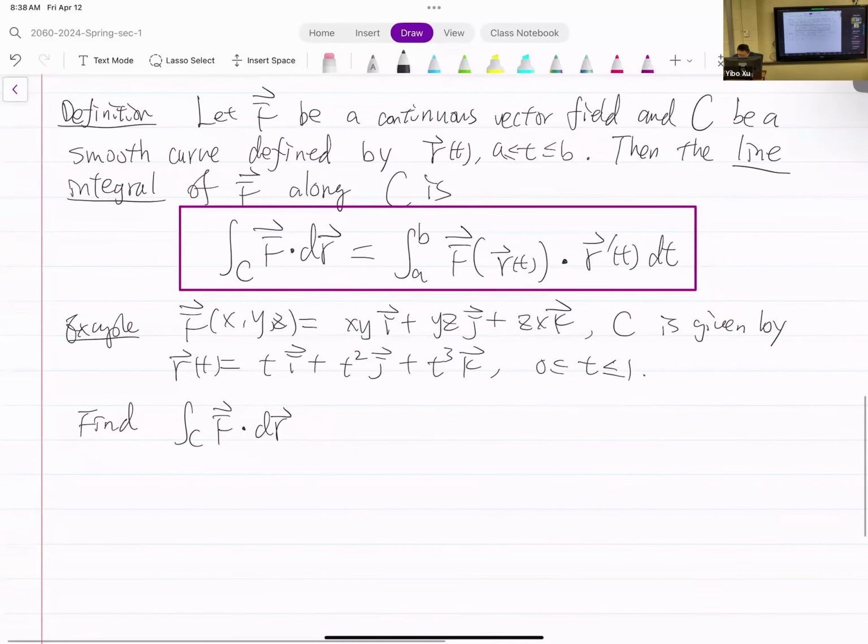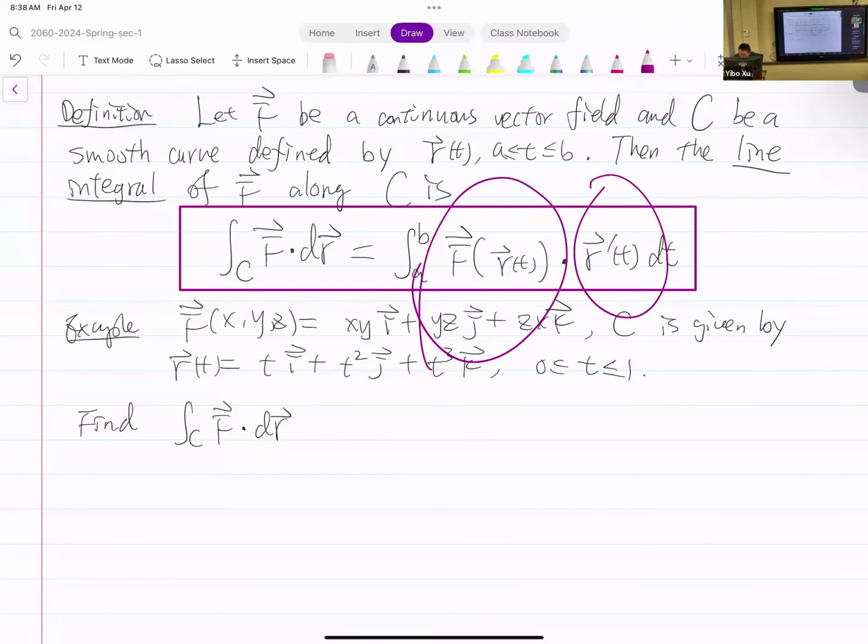It's the integral from a to b, which is not new. dt is just saying it's the integral in terms of t. So you see that we're integrating everything in terms of t, and that's something you need to be careful about. There's the evaluation part right here, and then the tangent direction part for the curve that you need to calculate. And then we need to dot.